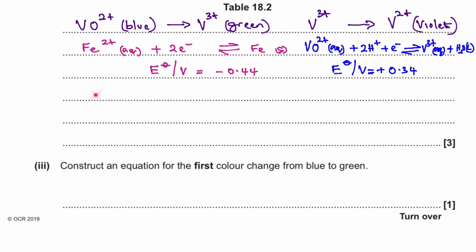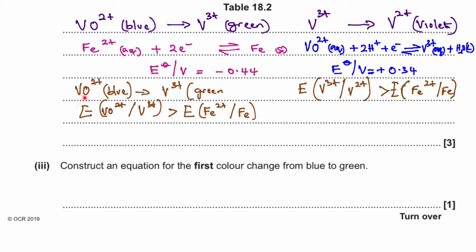Now, what we need to do is compare their potentials and see what happens. The first potential that we're going to compare is this. You can see this one here going to there, VO2+, blue, going to V3+.